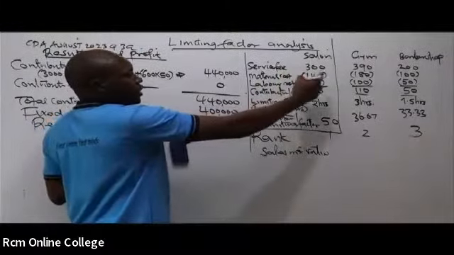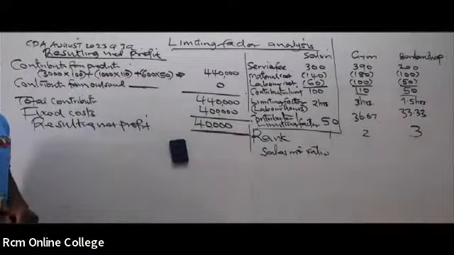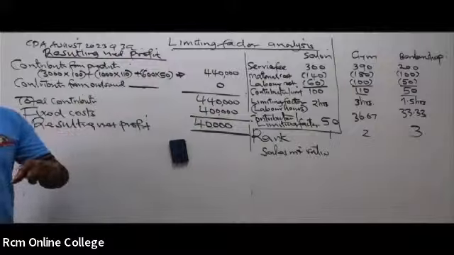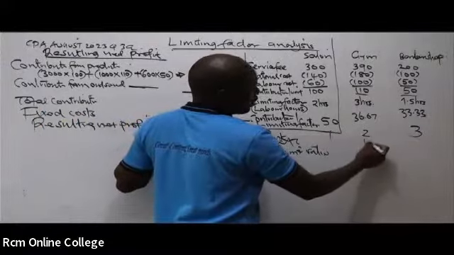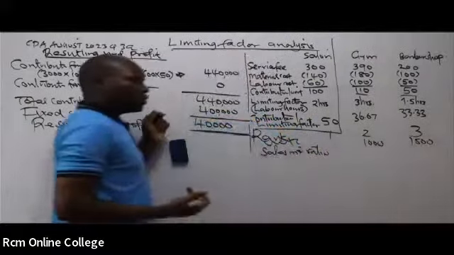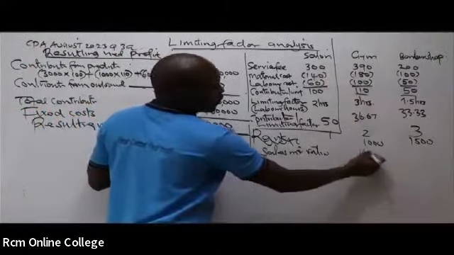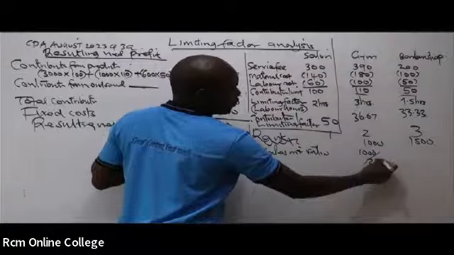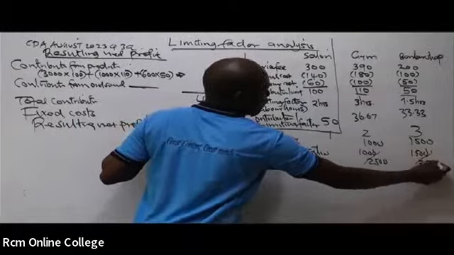We talked about the gym, it was 1,000 units. For barbershop, it was 1,500. When you add these two, that is 2,500. So 1,000 over 2,500, and 1,500 over 2,500.